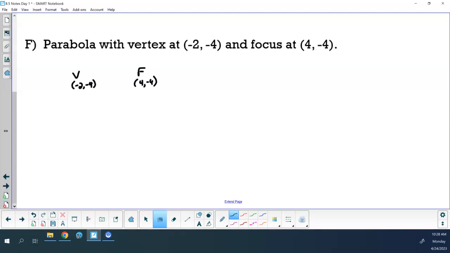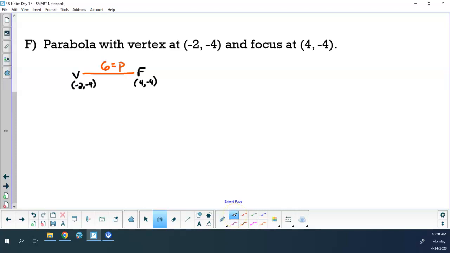Which tells me that this distance here is 6. And that distance, remember, is P. So we've got a right opening parabola.